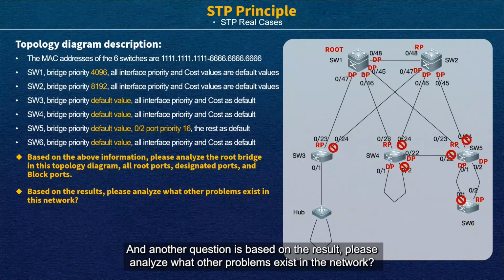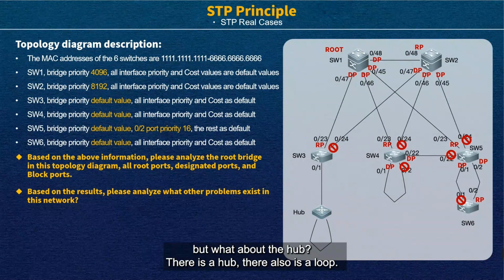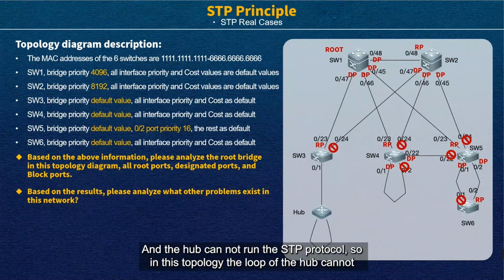Another question is, based on the result, please analyze what other problem exists in the network. Because now we already found all the status and all the roles of the switches and interfaces, but what about the hub, right? On the left there is a hub. There is also a loop, and the hub cannot run the STP protocol.